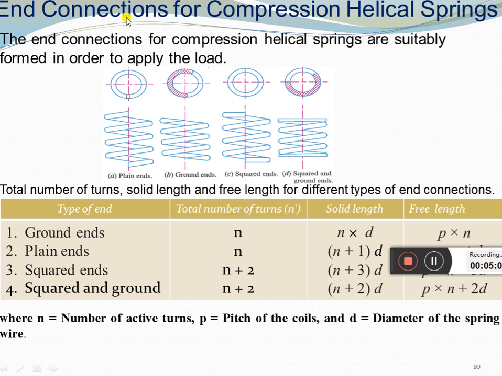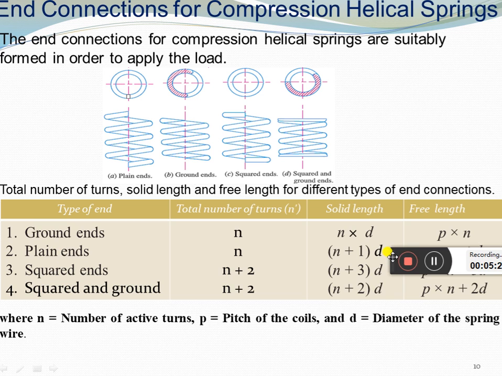And end connections for compression helical spring. The different ends are plain end, ground end, square end, and squared and ground. So based on the application, the ends of the spring will vary.